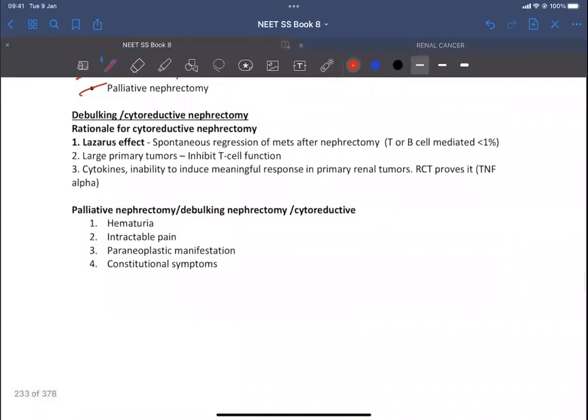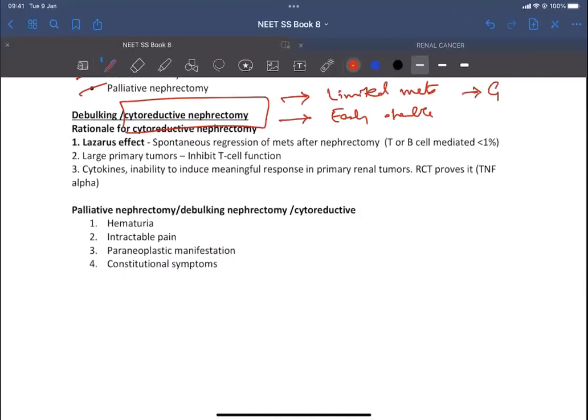So when can you do a cytoreductive nephrectomy? Number 1, they should have limited metastatic burden. Number 2, the tumor should be easily operable, and they should have a very good performance status.